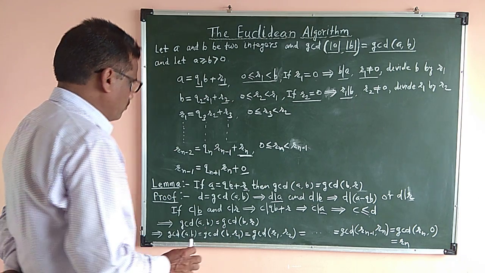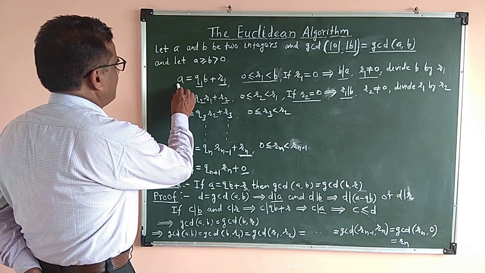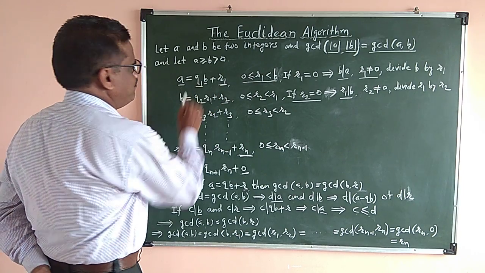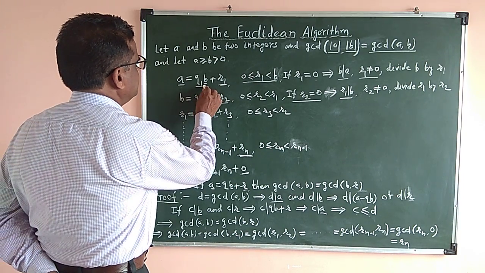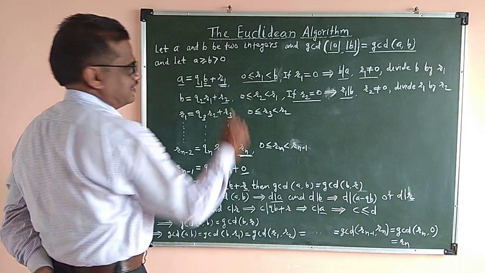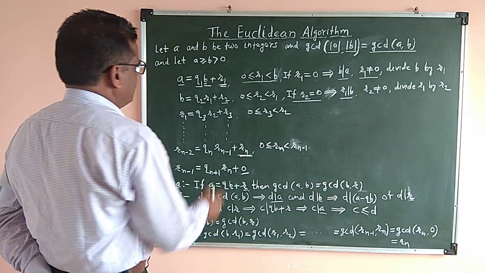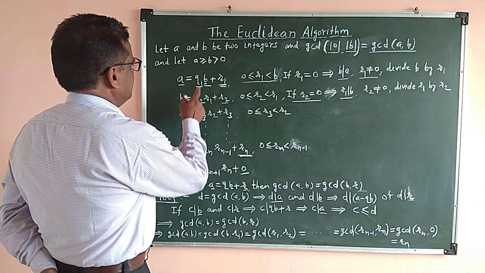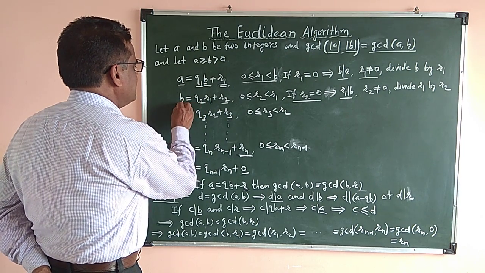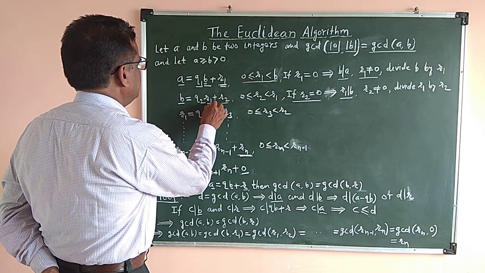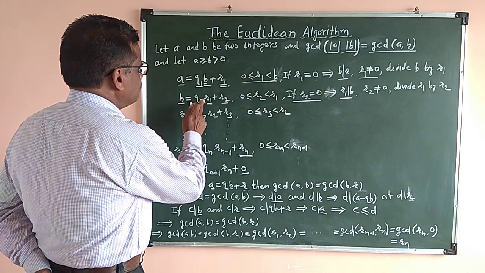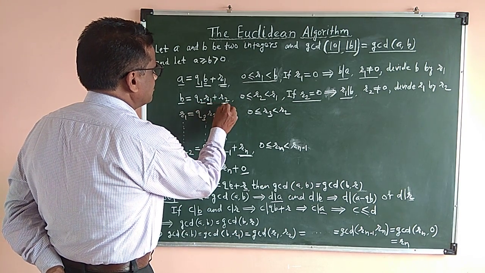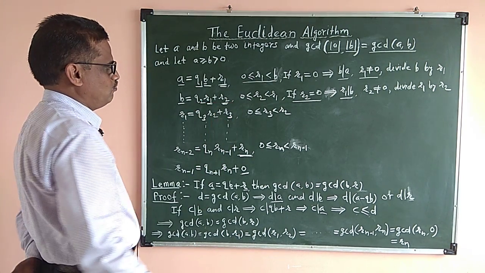Now we know GCD of A and B is equal to GCD of B and R1. From this, again, GCD of B, R1 is equal to GCD of R1, R2.